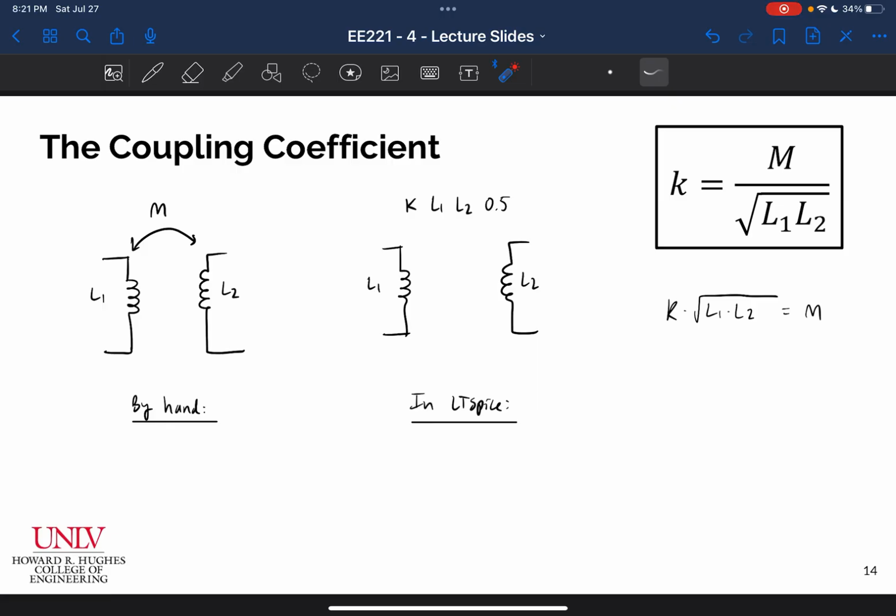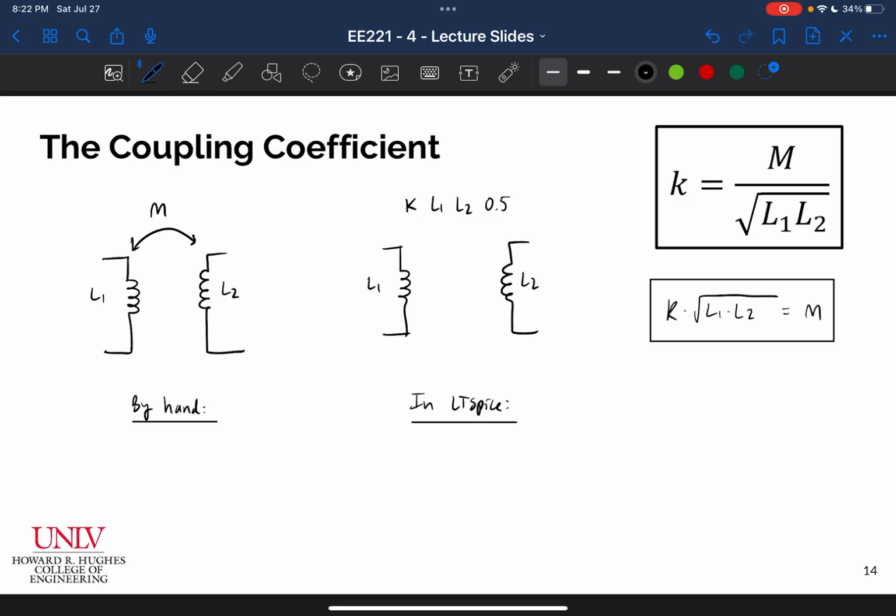If you were given K and the two coils, you can throw them into this equation and determine the mutual inductance, so that you can solve the circuit by hand using the methods we're going to cover in the next couple of videos.